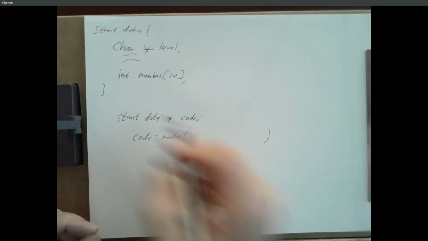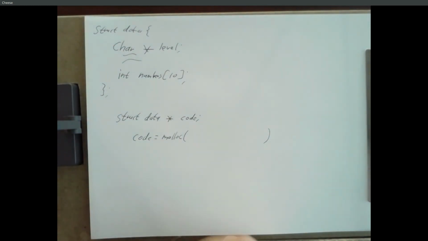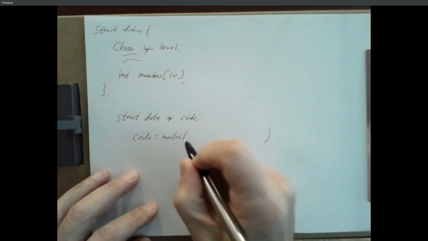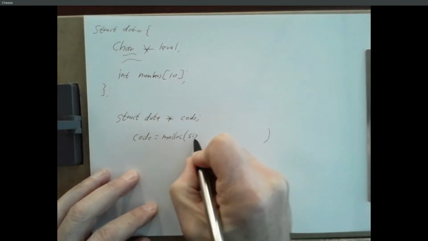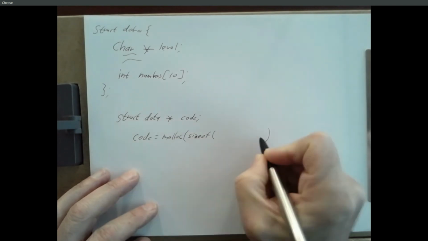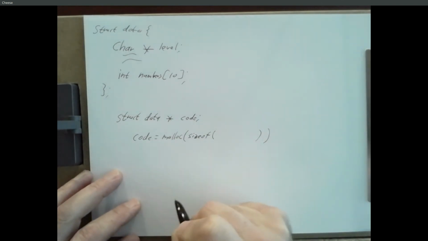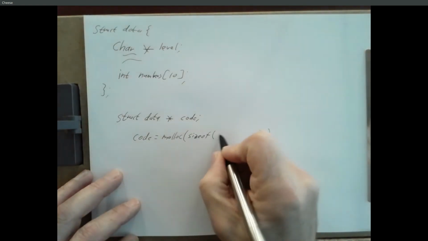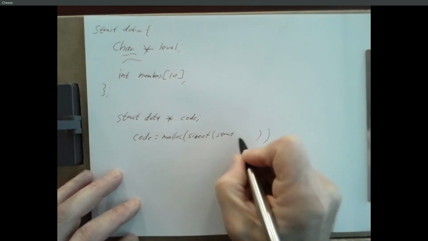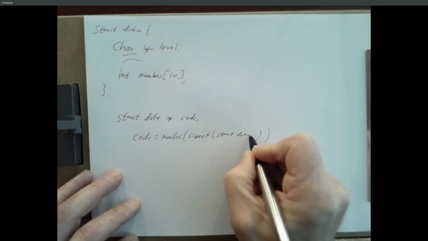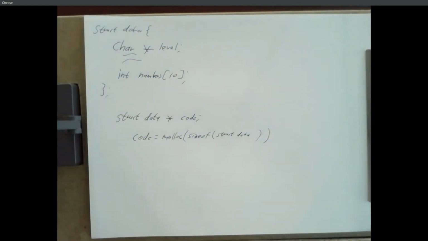We don't know how many bytes we need for all of this, and even if we add up the size of each of these, we've seen that doesn't guarantee you've got enough space for the structure. So the way to find out how much space you need is to say sizeof and put in a type. The type we want is a struct data, not a struct data star. So sizeof(struct data) will tell you how many bytes you need to store all of that.